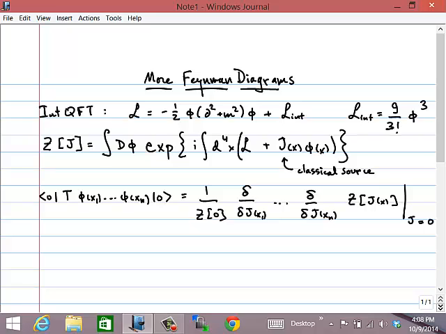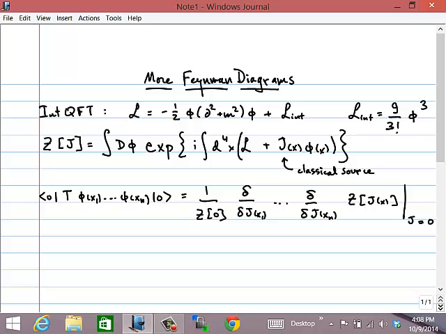So the way that you're supposed to think about this is expanding; let's say you want to calculate a 2-point function, then you expand z to quadratic order in j, and you'll get something that looks like integral dx, integral dy, j of x, j of y, times the 2-point function of the scalar field.